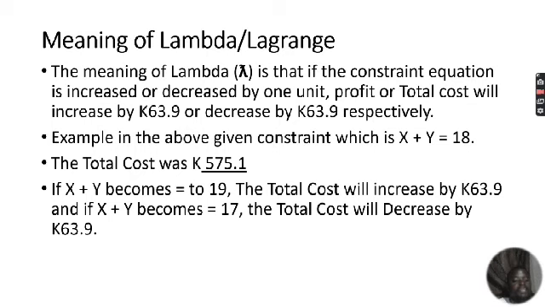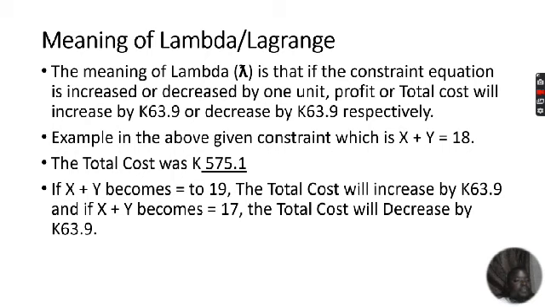The meaning of lambda in a nutshell: if the constant in the constraint equation is increased by 1, then the total cost will increase by 63.9. If the constant is decreased by 1, then the total cost will decrease by 63.9. I will repeat that.